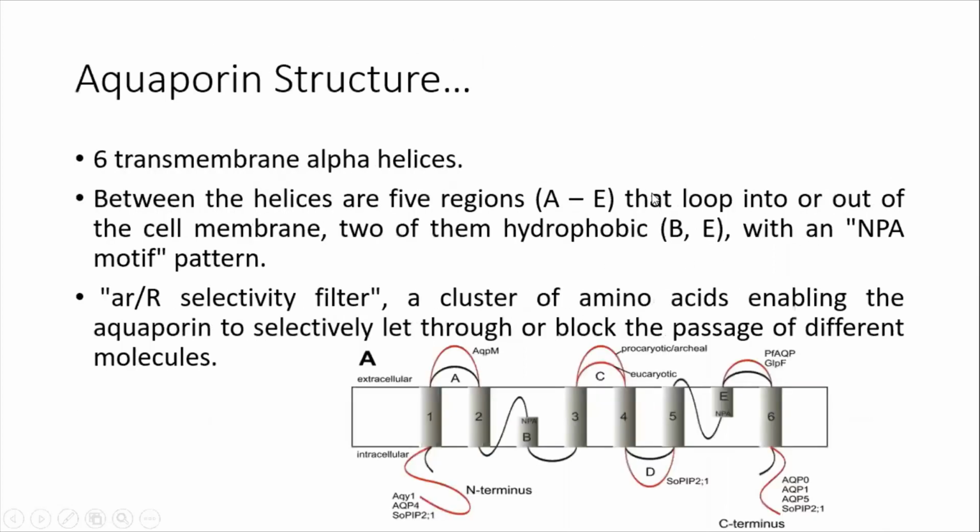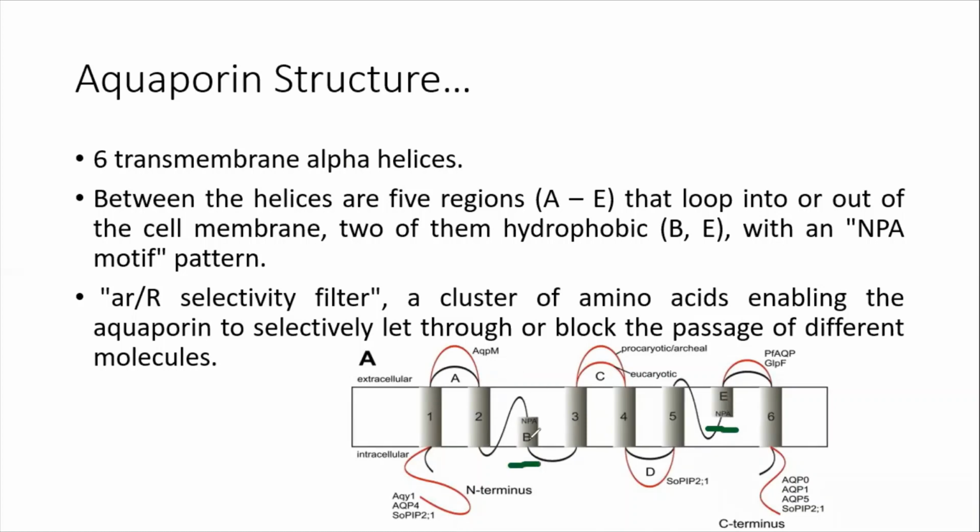Now the structure. As already mentioned, it has got 6 transmembrane alpha helices. And it has got 5 regions from A to E: A, B, C, D and E. Now what you have to remember here is, can you see the figure here? Your B and E are mostly hydrophobic. What does it mean?